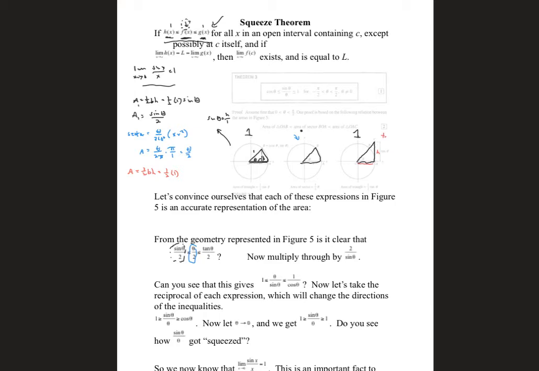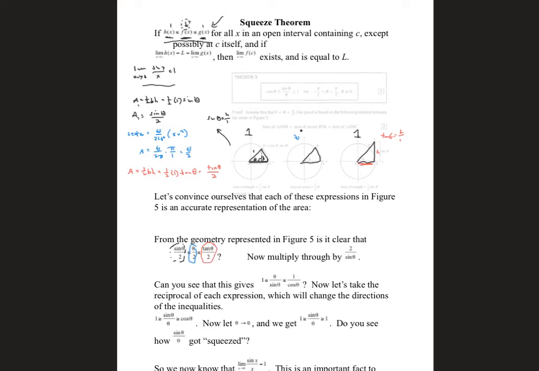We can say that the tangent of that angle theta is the opposite height over the adjacent, which is the radius, 1. So the height is tangent of theta. And so that 1/2 tangent theta, we can write as tangent theta over 2, which is what we see right here.